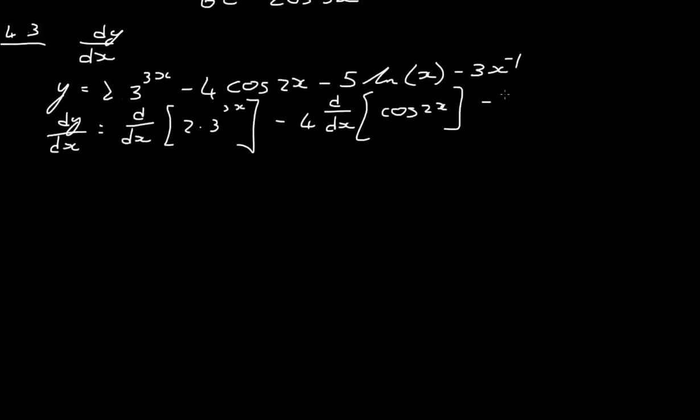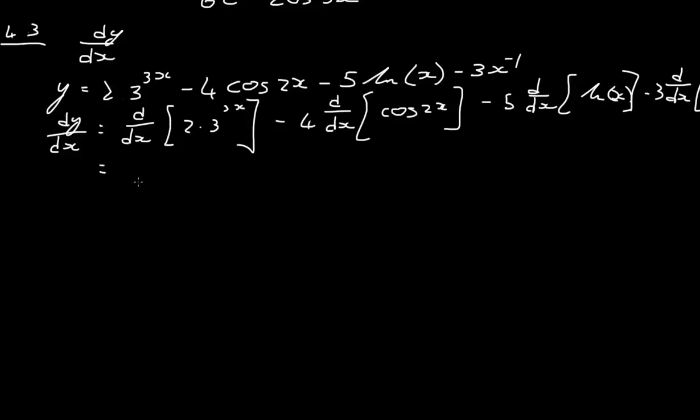Cos x minus 5 d by dx of ln x minus 3 d by dx of x to the minus 1. Okay, and let's start differentiating.